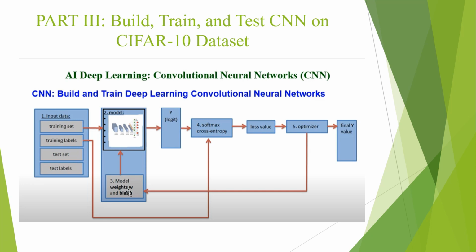In this particular case, this is where our images as well as our labels are. The training images are fed into the model, and we'll go through the model in the next slide. And then we'll talk more about that.